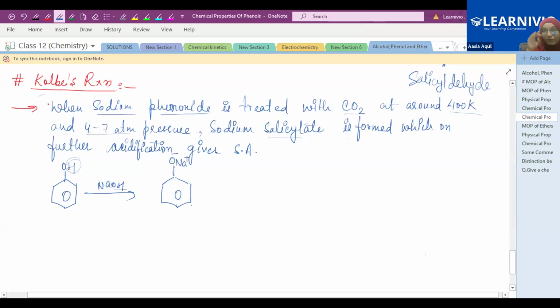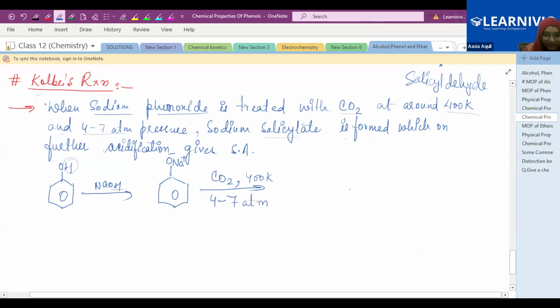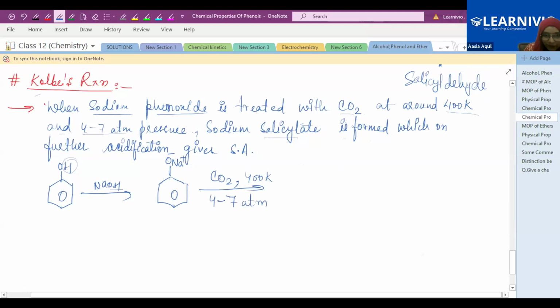Now the next step is when you treat the sodium phenoxide with carbon dioxide, at 400 Kelvin temperature and a pressure of 4 to 7 atm. So what happens? The sodium will not be removed. Basically, you have to introduce the CO2 group, carbon dioxide group, between this O minus and Na plus.